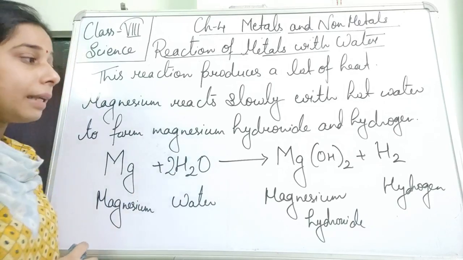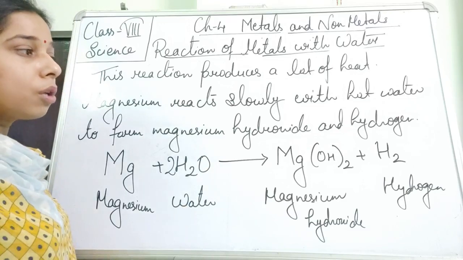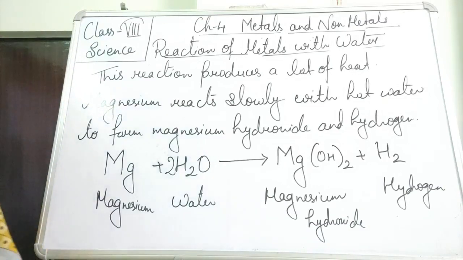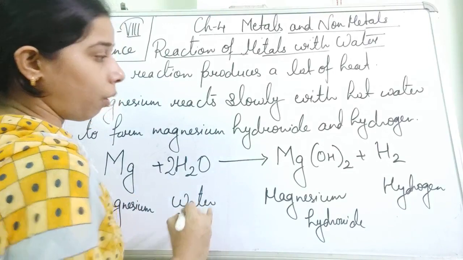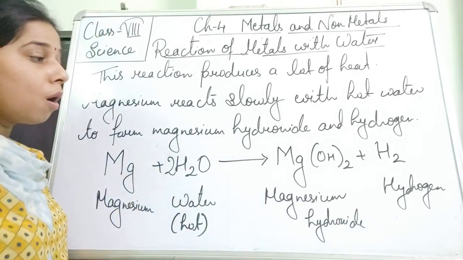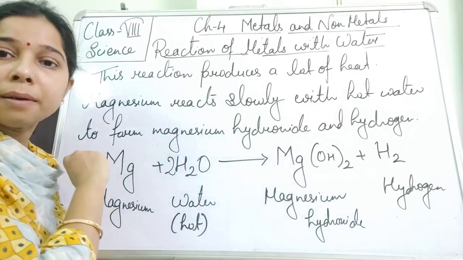While magnesium reacts slowly, so for that we have to give it hot water. So when we write here water, instead we can write it needs hot water. This water will provide a sufficient temperature so that the reaction can take place and formation of the hydroxide can occur.